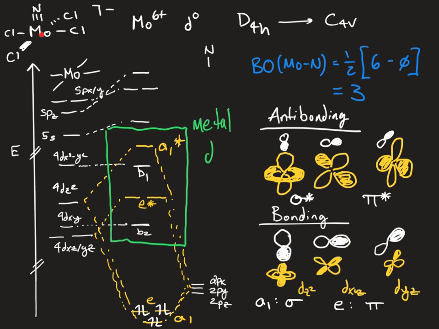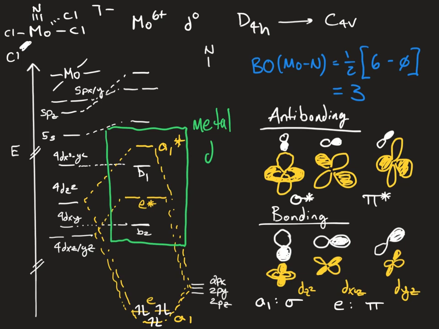So here we have that triple bond, and the reason we draw that as a triple bond is because we have a bond order of 3 for that molybdenum nitrogen bond. As we start to populate these E stars and this A1 star, the bond order will decrease and we draw fewer lines connecting that nitrogen and that molybdenum.